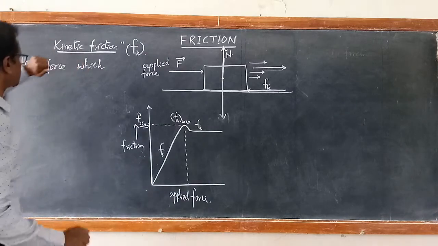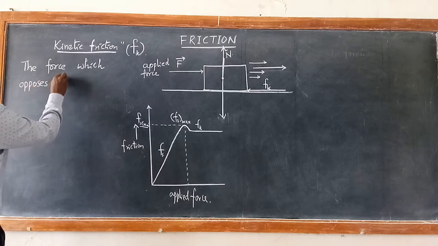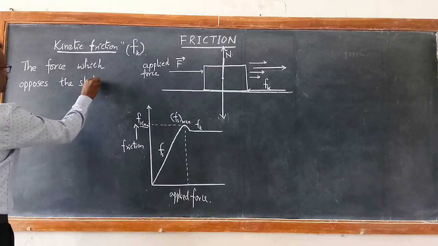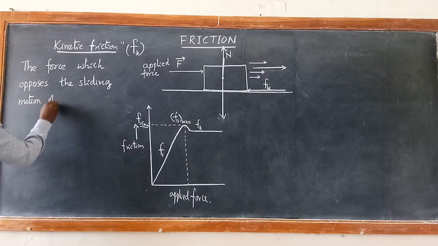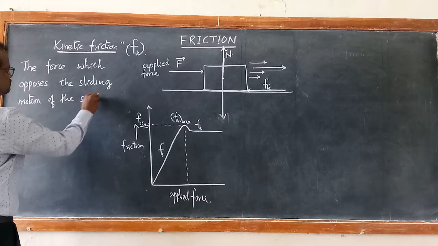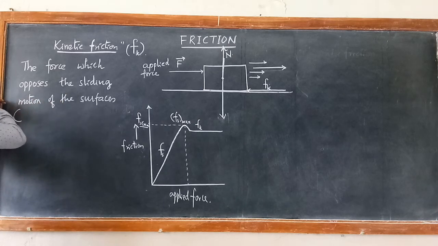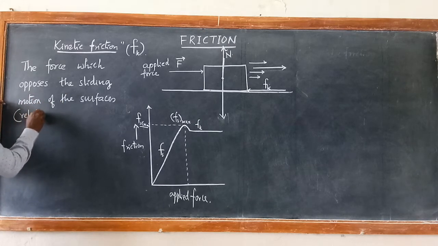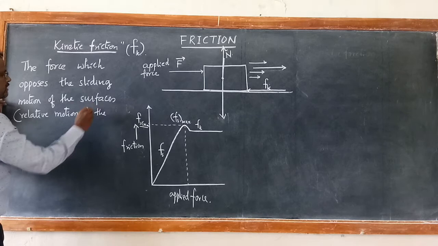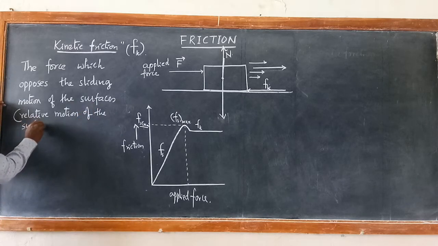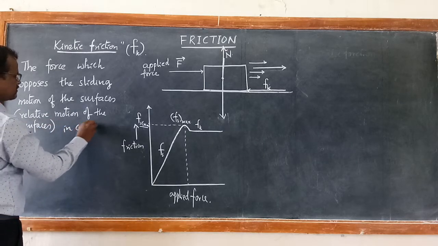So we can define kinetic friction as the force which opposes the sliding motion of the surfaces, in other words, the relative motion of the surfaces in contact with each other.